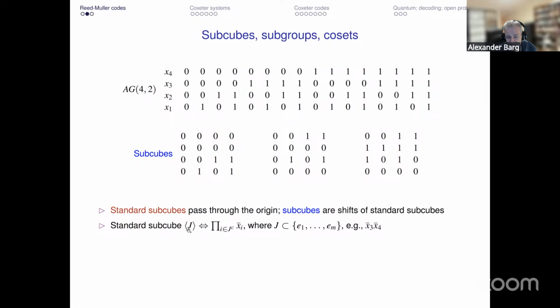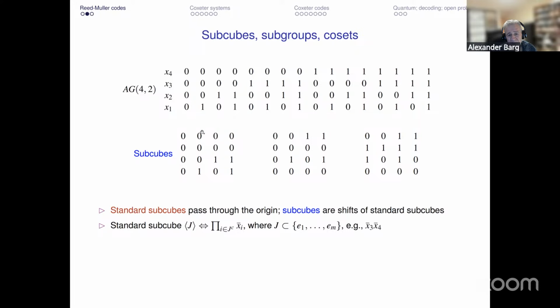So this is indeed a subcube passing through the origin. And it can be written as a product of Boolean variables, except that we need signed variables xi bar, where the bar simply means that instead of xi, we take 1 plus xi. And the i's run over the complement of this J in the standard basis.